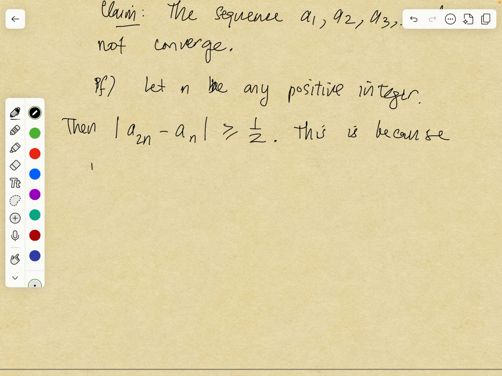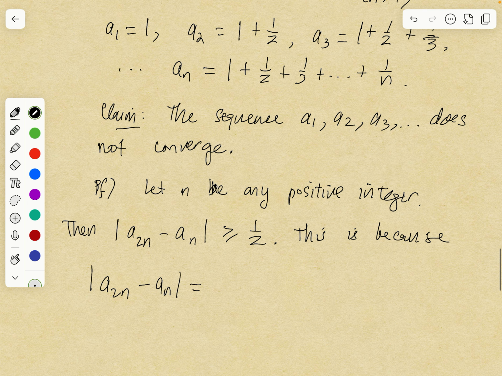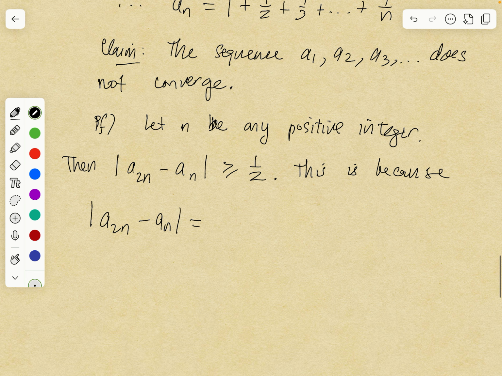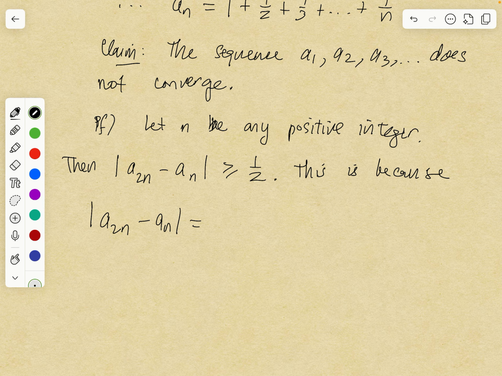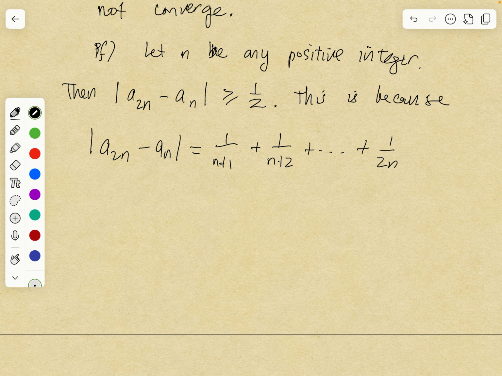If you look at the absolute value of a sub 2n minus a sub n, a sub 2n goes out all the way to 1 over 2n, and a sub n just goes out to 1 over n. So the difference is just what's left, which means the sum of 1 over n plus 1, plus 1 over n plus 2, all the way to 1 over 2n. And these are all positive, so I don't need the absolute value signs.